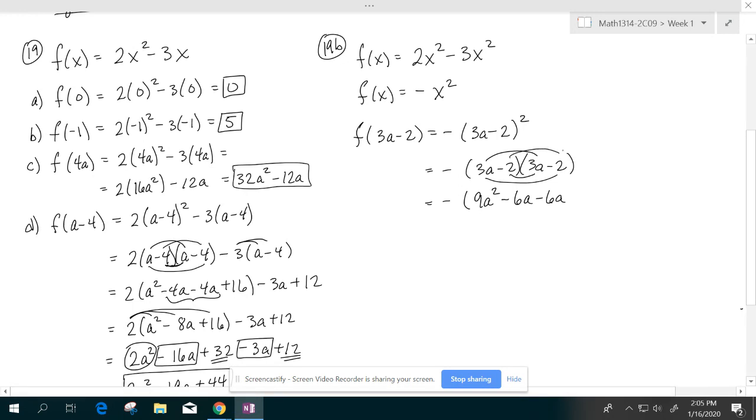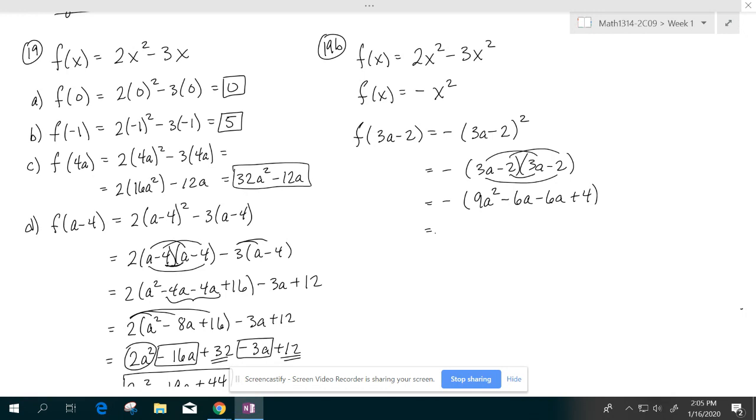And last but not least, negative times a negative makes positive 4. And again, that's the FOIL. First, outer, inner, last. And at this point, would you like to combine like terms first, or would you like to go ahead and distribute that negative?